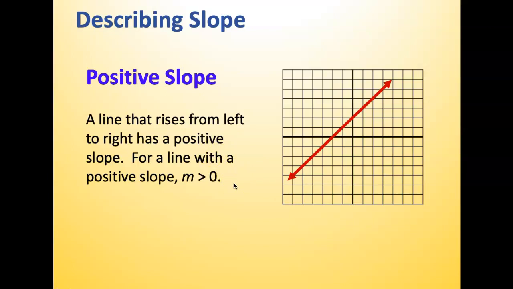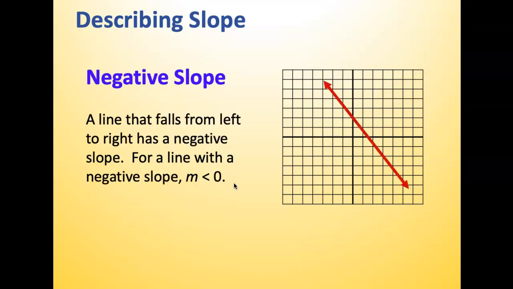If you calculate it, the slope is going to be bigger than 0, or m is greater than 0. Number 2, slope can be a negative slope. Looking from left to right, the direction is going down, and the value is m is less than 0.